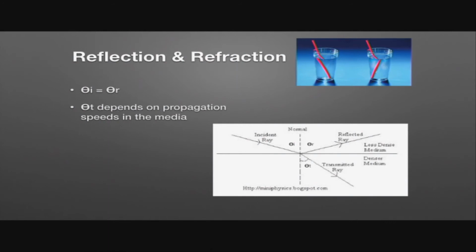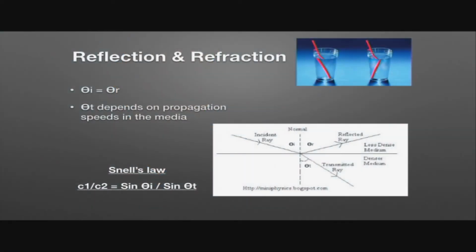So before we've considered the wave which comes directly on at 90 degrees to an interface, and that's what's known as the normal angle of reflection. If we have an incident ray, that means it comes in at an angle, which is known as theta, and the greater the theta is, the smaller or greater, depending on the propagation speed in the second medium, the transmitted ray, or theta t.